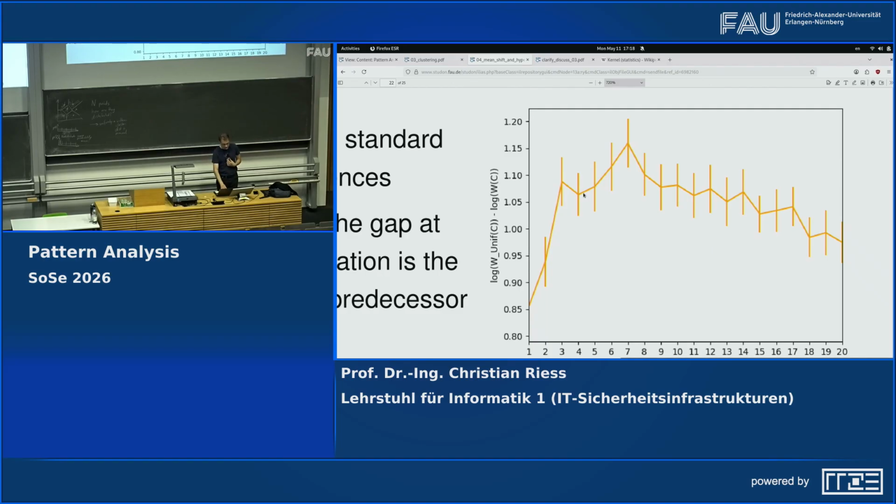So it still brings a net benefit to have 4 clusters rather than just 2 or 1. But compared to 3 clusters, the 4 is not such a big gain anymore.